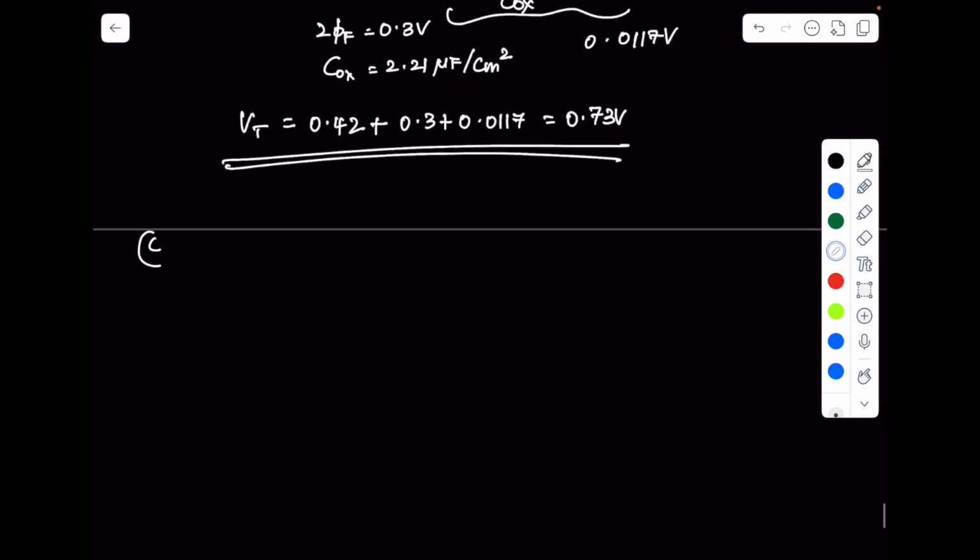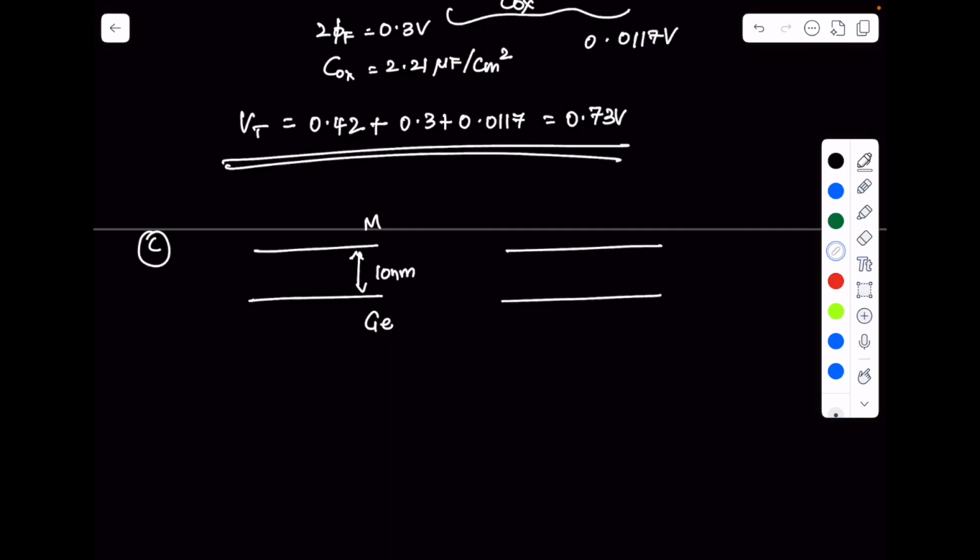Now, the third case. In the previous case, if you look at the gate oxide, we assumed that this entire thing was zirconium dioxide, or that was the intent of the experiment. But what actually ended up happening during the process was it ended up creating something like this, right? So in other words, instead of having 10 nanometer of the high K material, you actually have only 9 nanometer of the high K material and this 1 nanometer of GeO2.